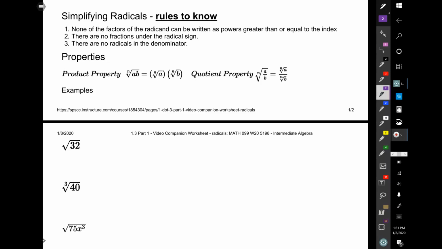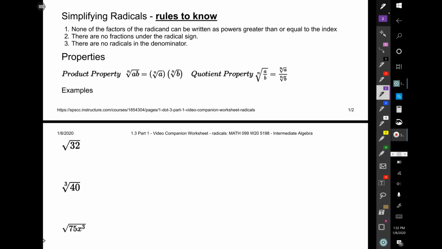Number 2, there are no fractions under the radical sign, so we need to simplify to undo that. And number 3, we'll get to those later, but no radicals in the denominator. So we need to rationalize the denominator to get it in simplest form. There are some cases where you don't do that later on in higher math, but for now we're going to work on simplifying in that method, but that'll come in the next video.